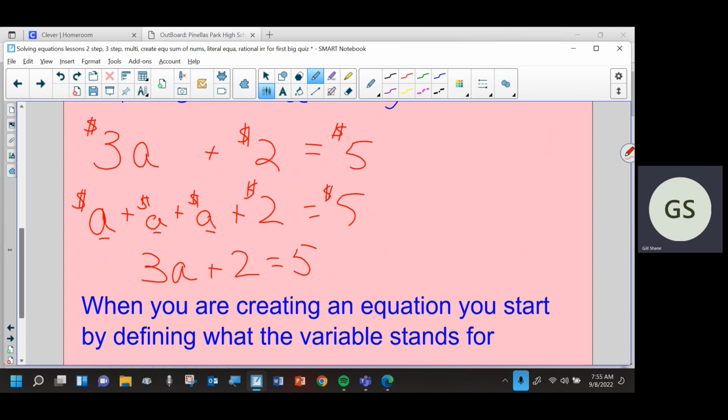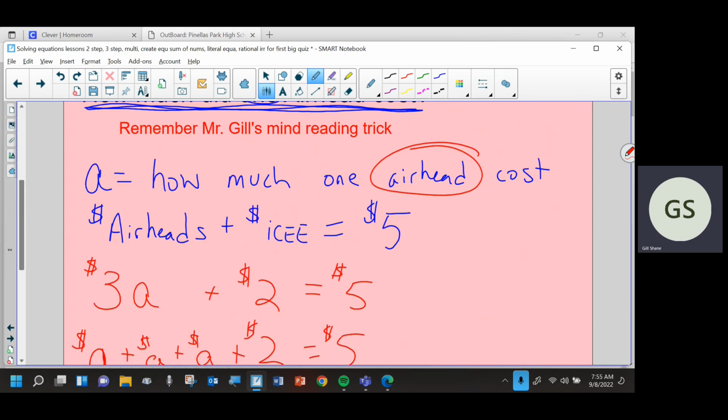That's a B. At this stage, if you just write airheads plus icy, that's probably a passing grade of D. But down the road, I expect you to be able to at least change this into a 2 for a D down the road. If you can't get the variable part exactly correct, the 3A, I could still give you a passing grade if you just had the +2 = 5 part.